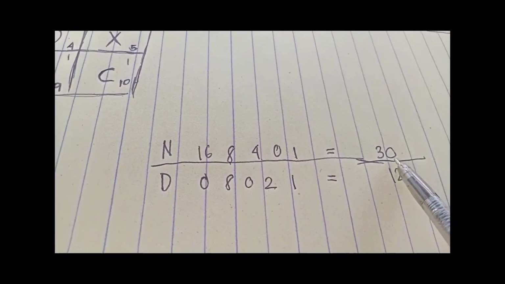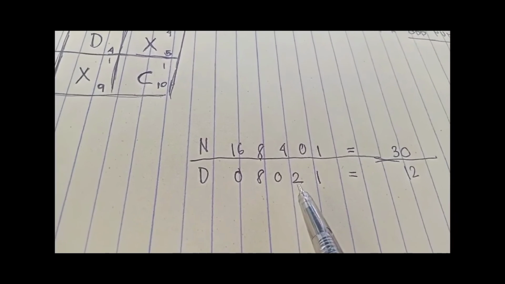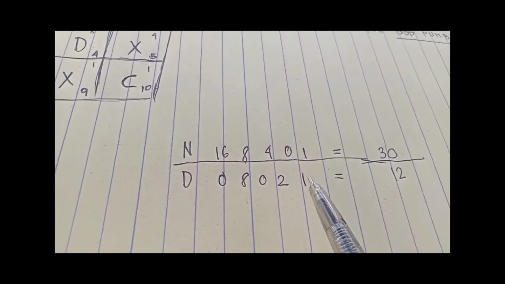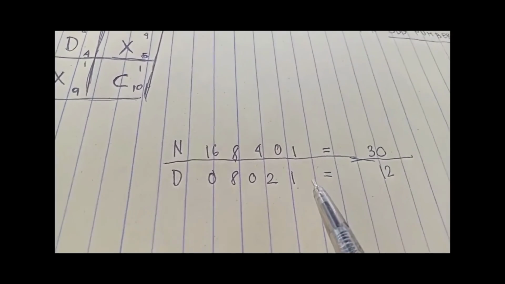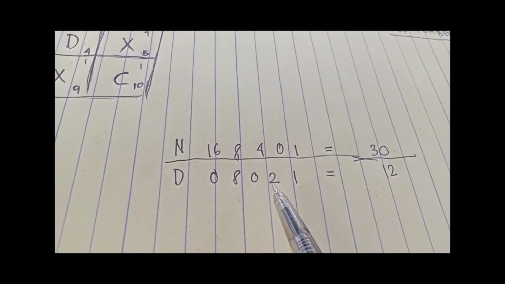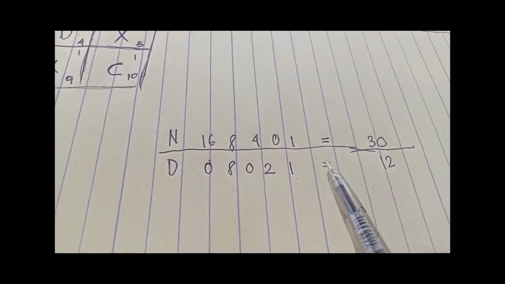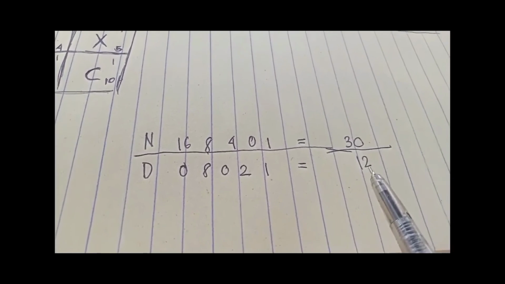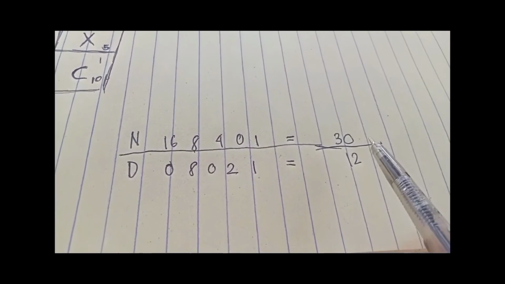And for the denominator, it is 8 plus 2 equals 10, plus 1 equals 11. And I said that we will add 1, so plus 1 again equals 12. So our primary classification is 30 over 12.